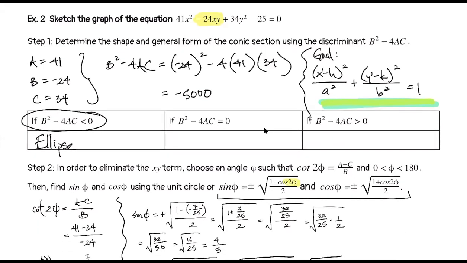Now, on the exam, I do give you a loose outline of the steps. For example, I'll have "determine the shape and general form of the conic section using the discriminant b squared minus 4ac." That will be on the exam, so you don't have to write that down if you don't want to.